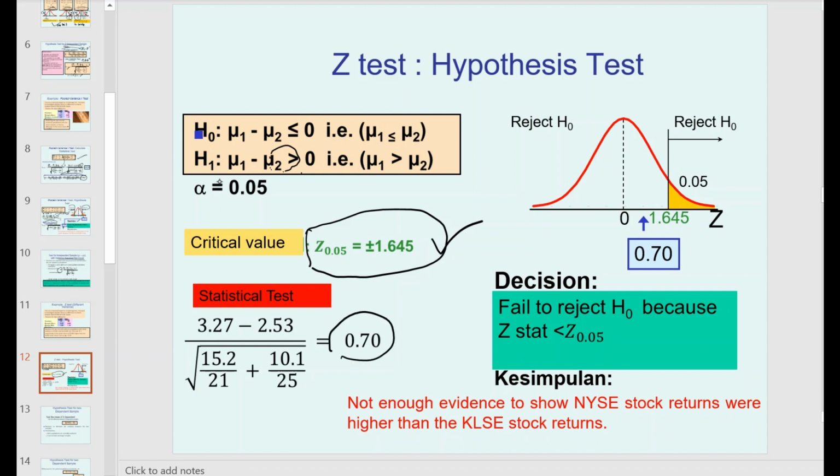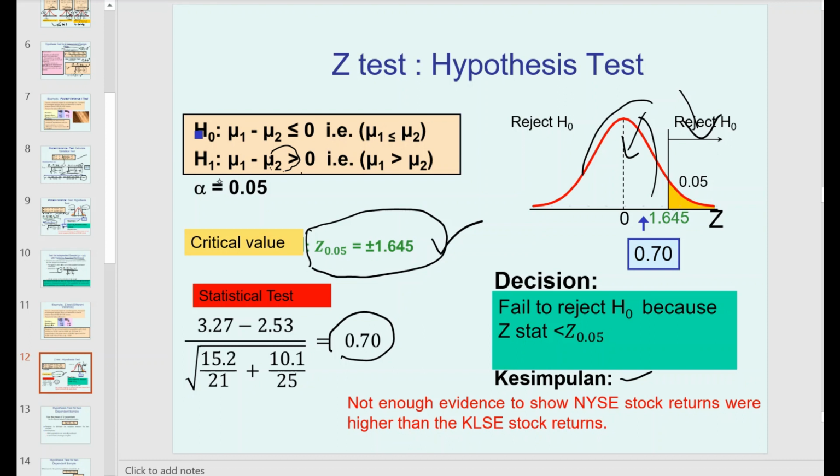So this value, is it in this area or this area? It is in this area, right? What is this area? Acceptance. Acceptance means what? You do not reject, or fail to reject H null, because your Z statistic is less than the critical value. So the conclusion: not enough evidence to show NYSE stock returns were higher than the KLSE stock returns.